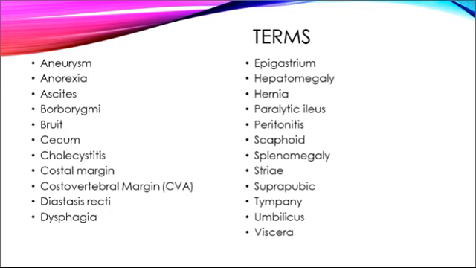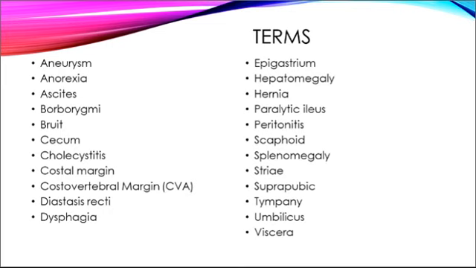Hepatomegaly, megaly is always enlarged. Hepato is your liver, so hepatomegaly is abnormal enlargement of the liver. Splenomegaly is abnormal enlargement of the spleen. Hernia is an abnormal protrusion of the bowel through the weakened abdominal structure. That could be anywhere in the abdomen, umbilicus, down in the inguinal area.